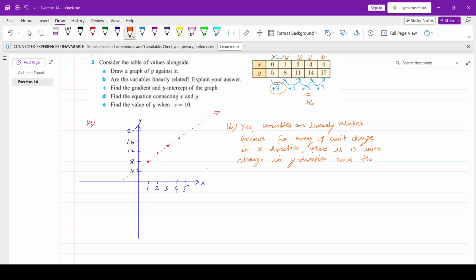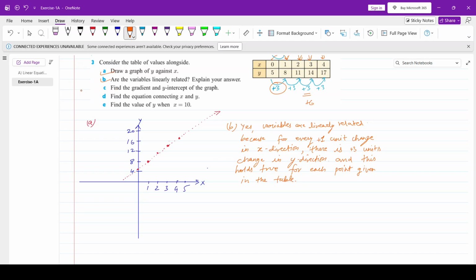And this holds true for each point given in the table. That's why we can say that the variables are linearly related.